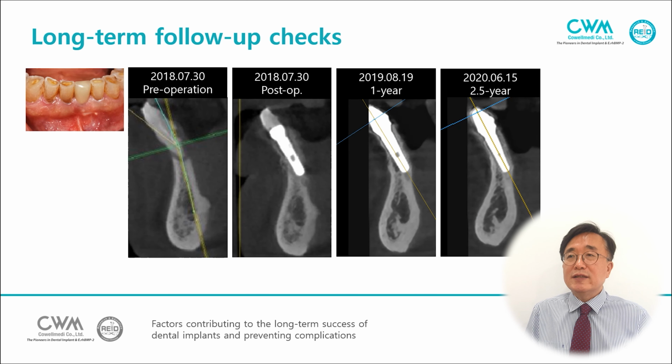Mandibular incisors. There was no buccal and lingual bone. So the implant was placed and the healing abutment connected. After 2.5 years, the buccal and lingual bone was formed and maintained. So the gingiva line is also maintained.